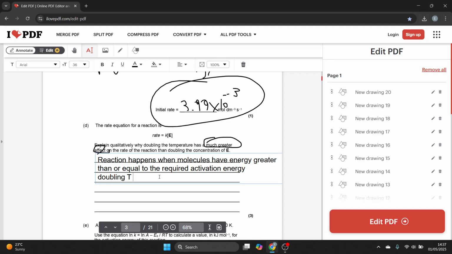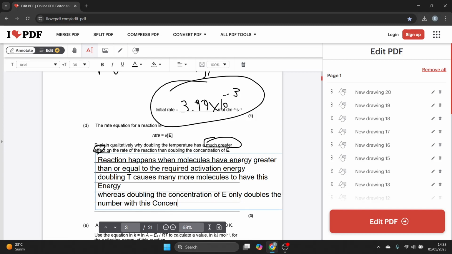Doubling temperature causes many more molecules to have this energy, whereas doubling the concentration of E only doubles the number with this energy.